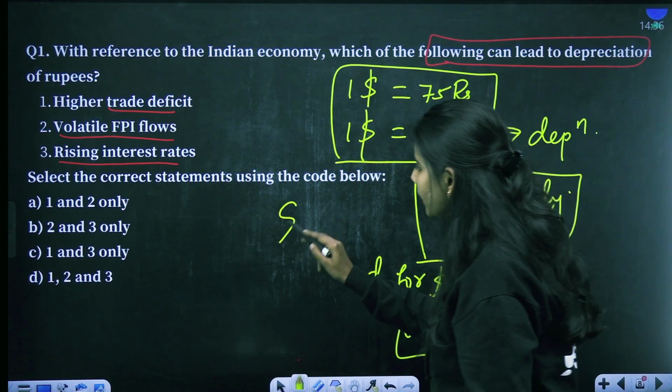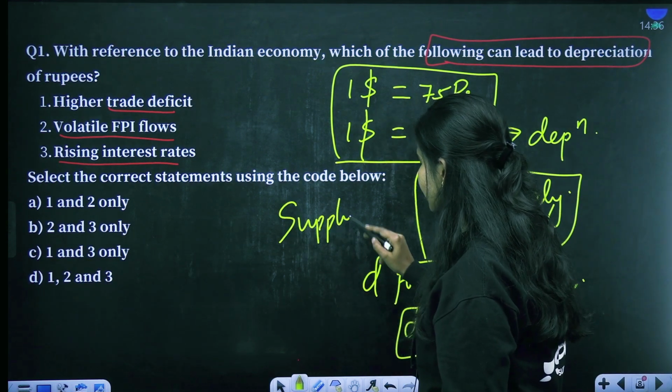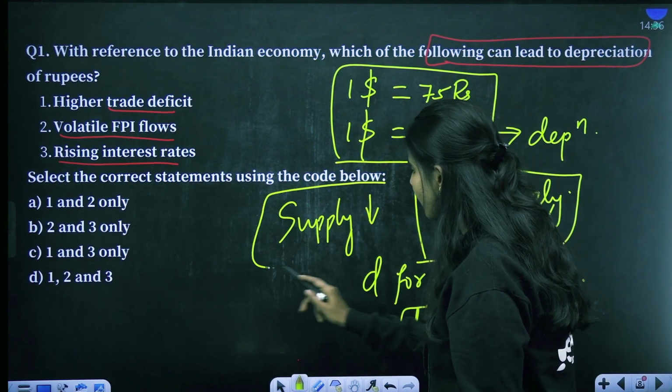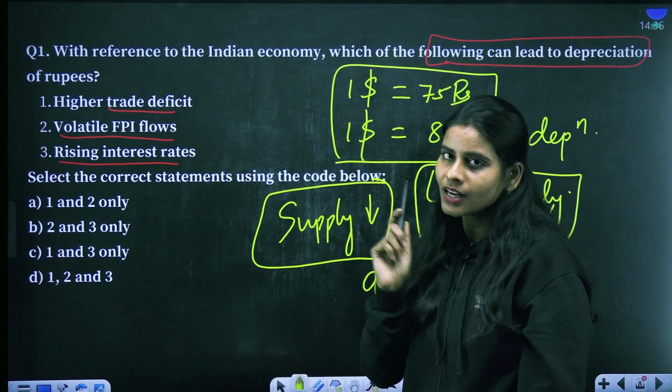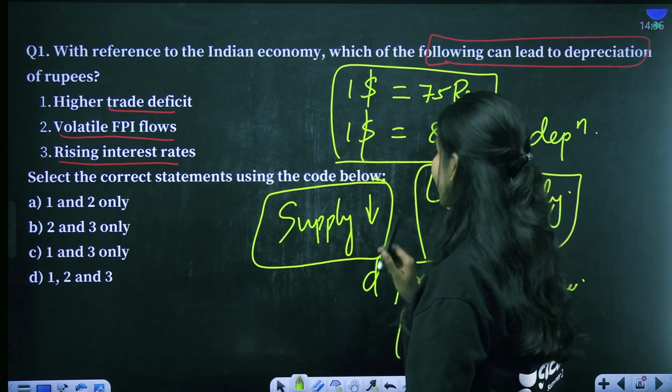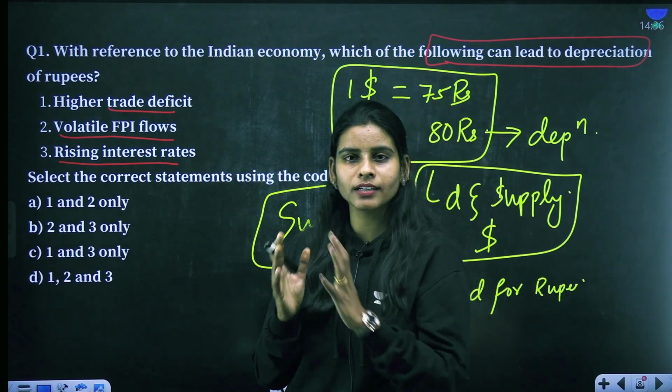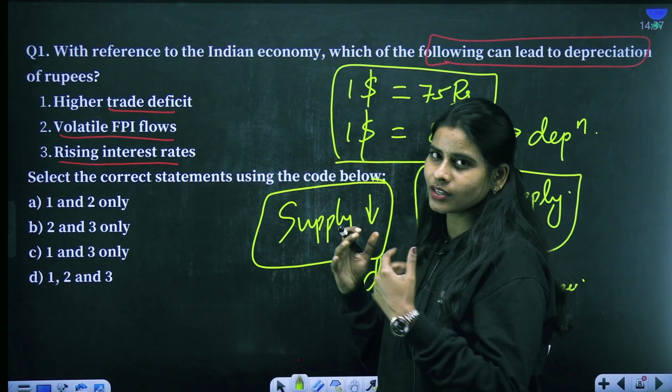Whenever the supply of the dollar decreases with constant demand, in that condition also the value of the dollar with respect to the Indian rupee is going to increase, right? These are the main conditions based on which the exchange rate gets changed.